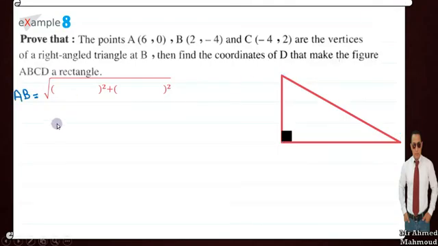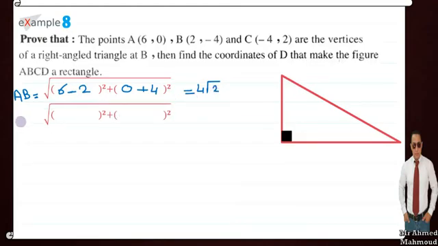AB equals the square root of (6 minus 2) to the power of 2 and (0 plus 4), because minus minus is plus, equal to 4 square root 2. And BC equals (2 minus minus 4 means 2 plus 4), and (negative 4 minus 2) all to the power of 2, which is equal to 6 square root 2.